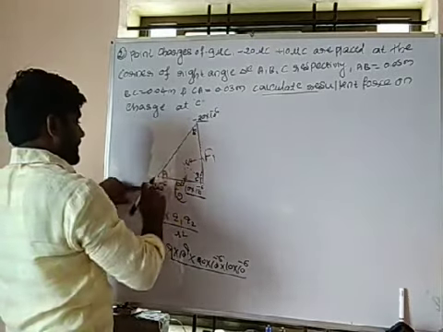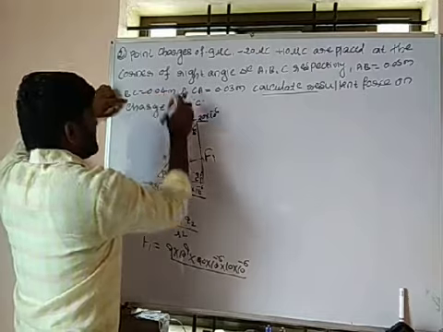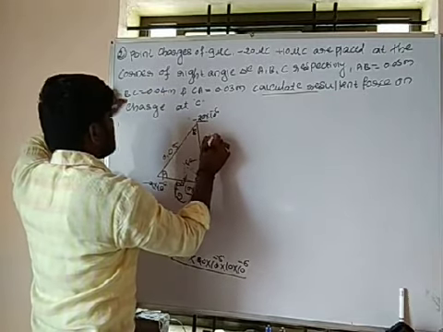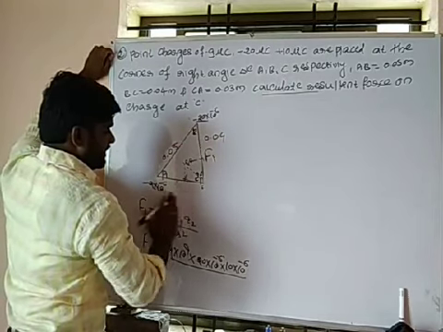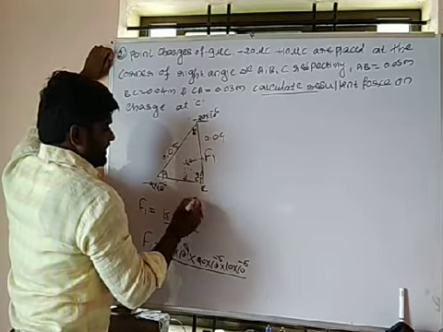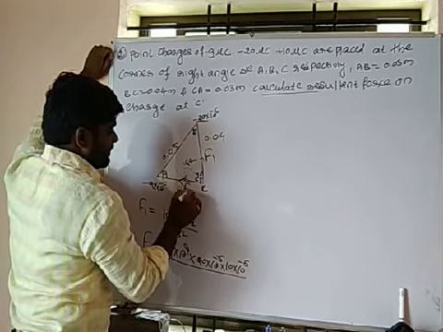Into again 10 into 10 to the power minus 6, whole divided by the separated distance. Distance is also given. AB will be 0.05. Then BC, B to C, will be 0.04. And CA will be 0.03.